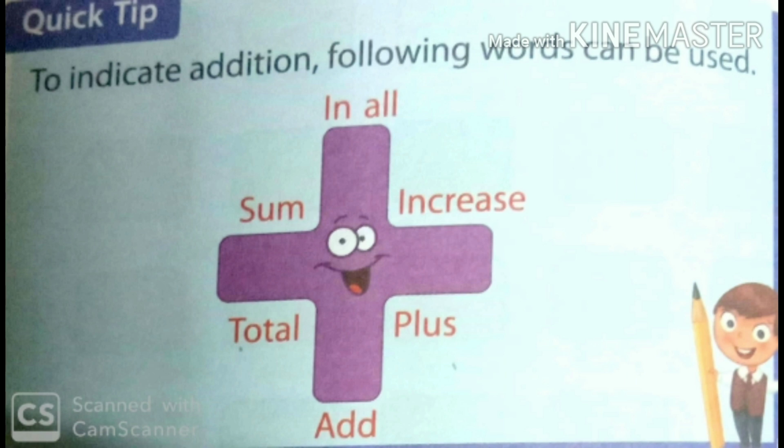In all, sum, increase, total, plus, and add. So these are the words which can be used for addition.